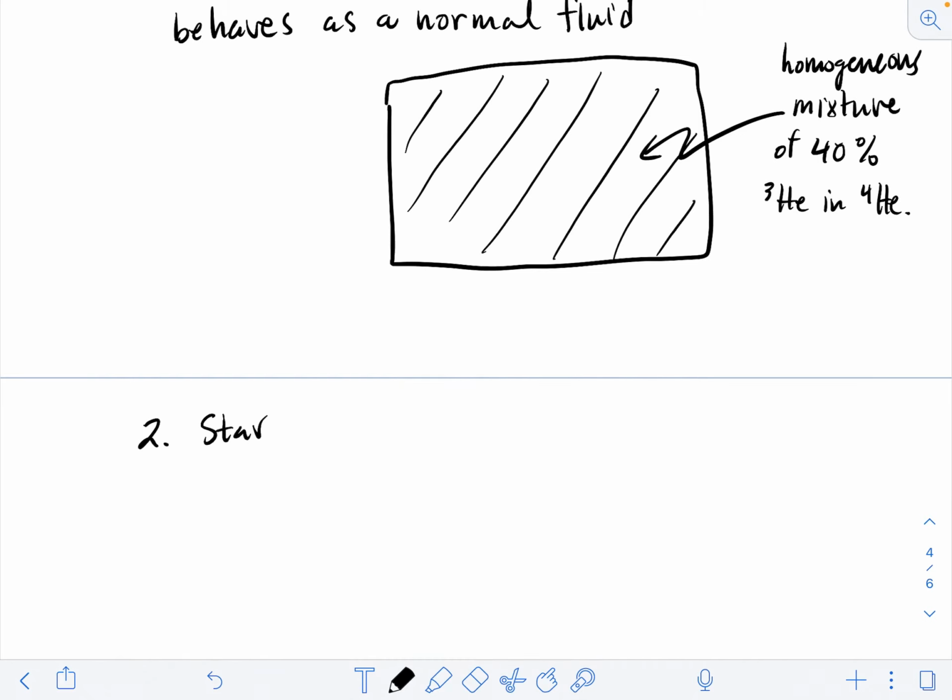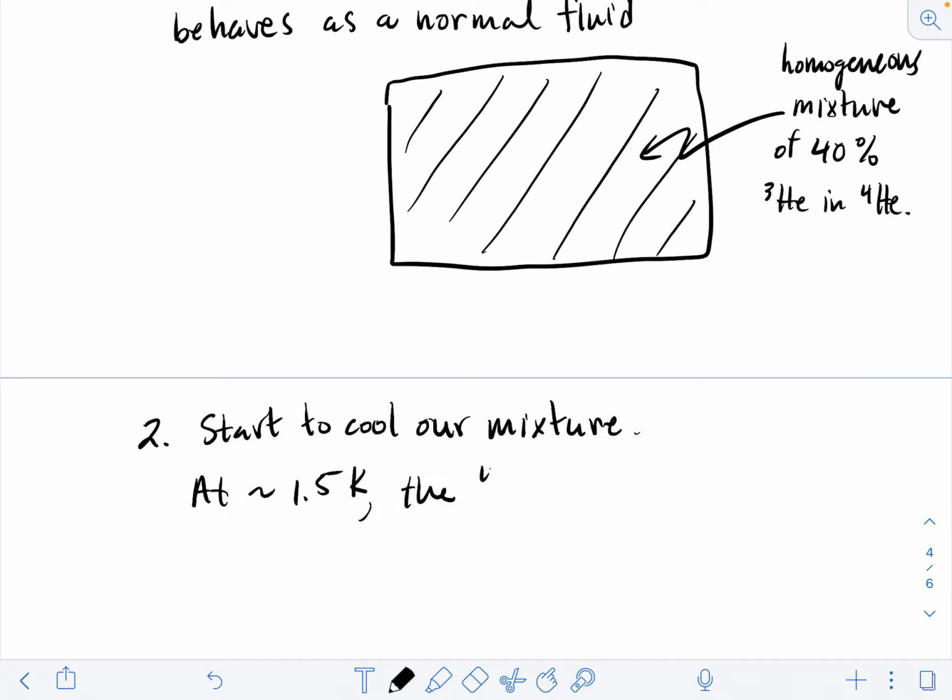So we start to cool our mixture. At around 1.5 Kelvin, the helium-4 component of the mixture becomes superfluid.